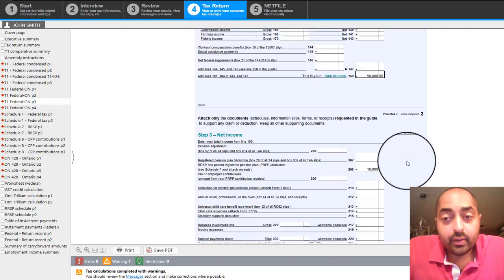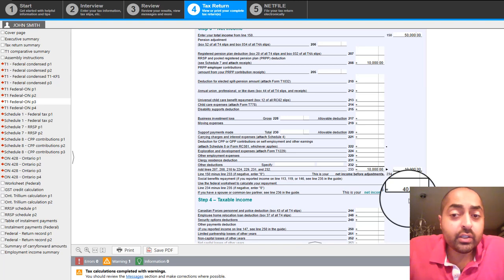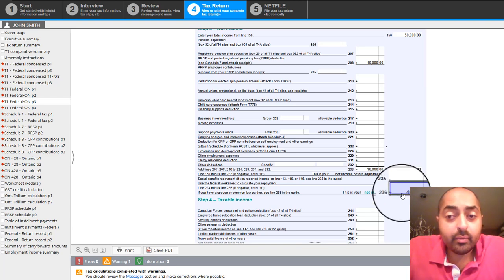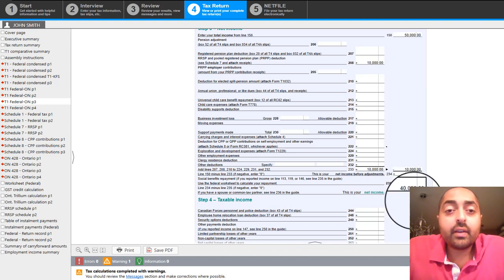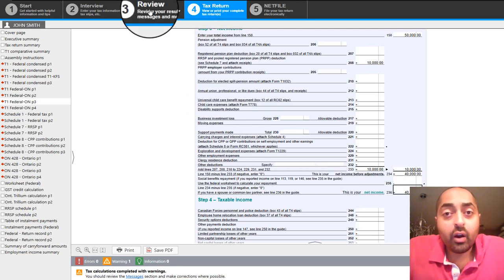So instead of having 50,000 of net income, he has 40,000 of net income. And because the GST calculation uses net income in its formula, he was able to get GST because of it. So the RSP contribution gave him a tax credit, made him pay less taxes, but also allowed him to get GST that he wasn't getting before.